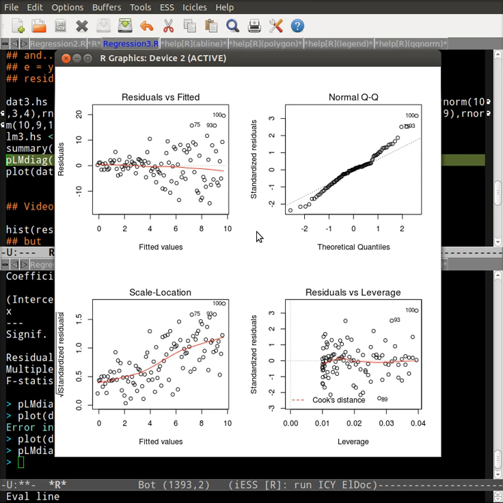Okay, so now why is that important? Well, that says that our ability to predict y is really dependent upon the values that we have of x, and that the higher values of x produce less dependable or less useful values of y because there's a lot of error or slop around those expected values.